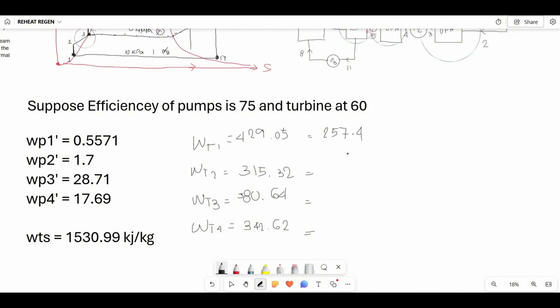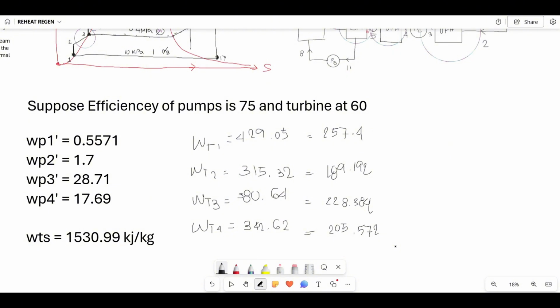Now 315.32 times 0.6 is 189.192. 380.64 times 0.6 again is 228.384. And 342.62 times 0.6 yields 205.572.